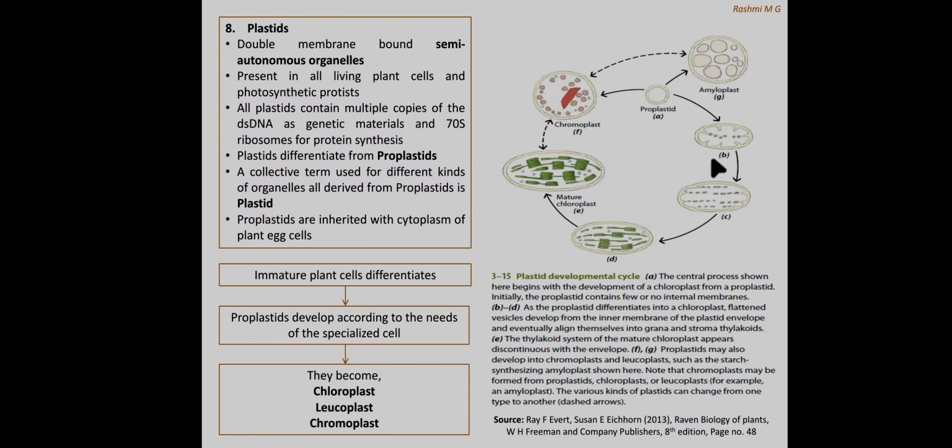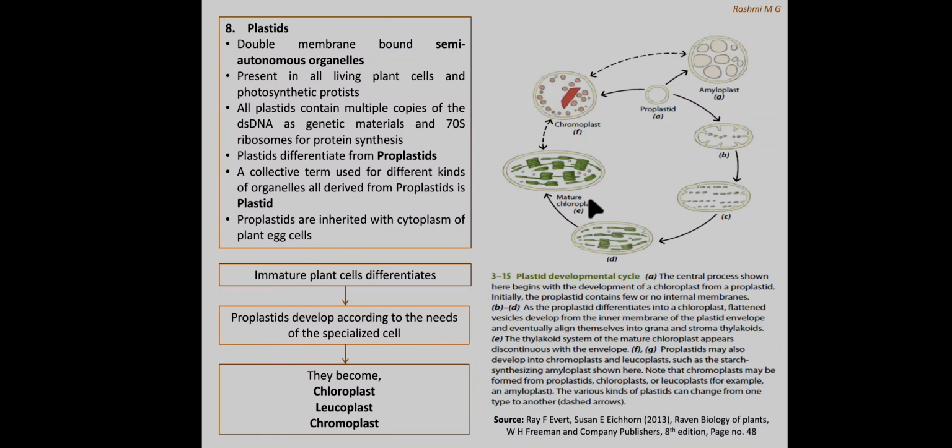The inner membrane becomes flattened vesicles, developed from the inner membrane of the plastid envelope, and they eventually become thylakoids, grana and stroma thylakoids. The thylakoid system of the mature chloroplast appears discontinuous with the envelope, resulting in the mature chloroplast to perform the photosynthesis process.